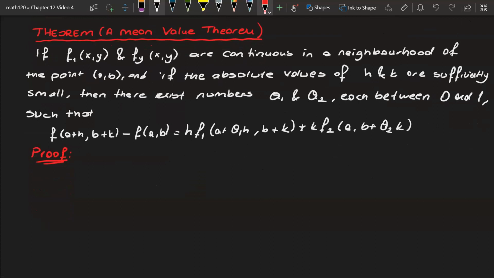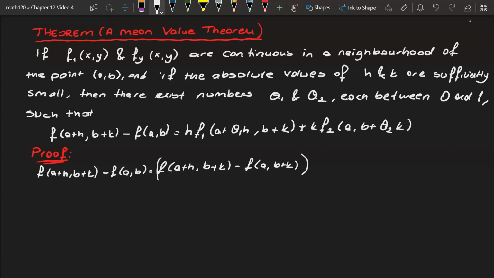We have the expression f of (a plus h, b plus k) minus f of (a, b). You can write it in the form f of (a plus h, b plus k) minus f of (a, b plus k) plus f of (a, b plus k) minus f of (a, b).